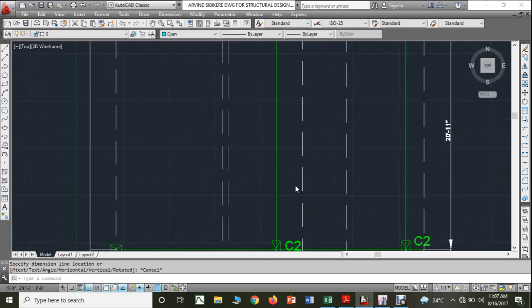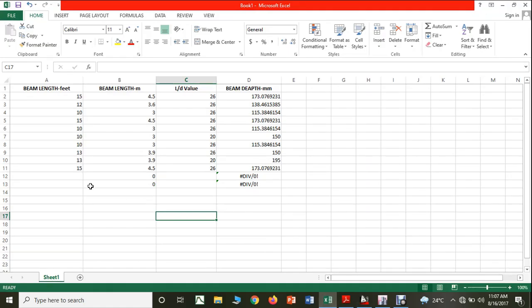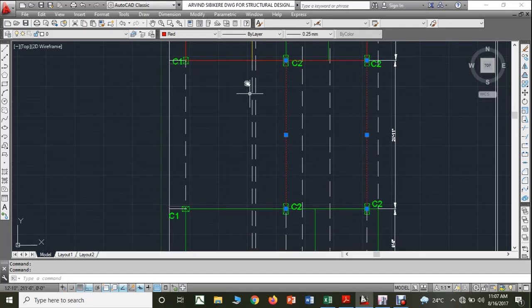Yes, definitely it will be a continuous beam of 21 feet. So the 21 feet, 6.3, it is not coming more than 10 meter, no issues. So 26, you are getting 242. And the same I can do here also.